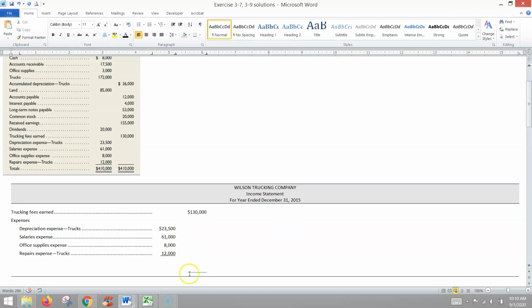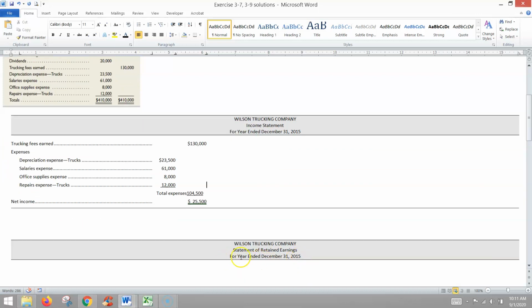Then we're going to total up our expenses. To calculate net income, we're simply going to take revenue minus our expenses, and that's going to give us the net income for the year. For this example, $25,500.